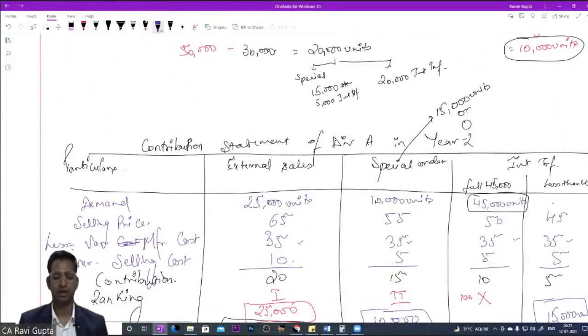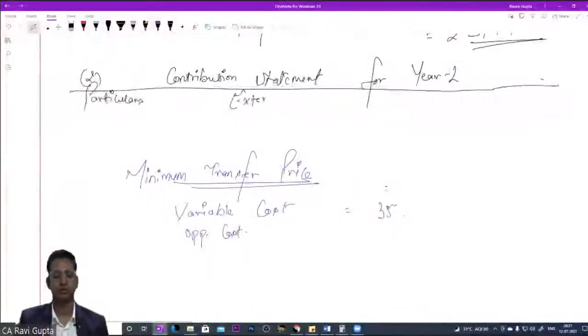This was the situation when we were in year 2. This selling cost was not incurred and our contribution was 20 rupees. So either we choose external or special order, there will be a 20 rupees per unit contribution loss.